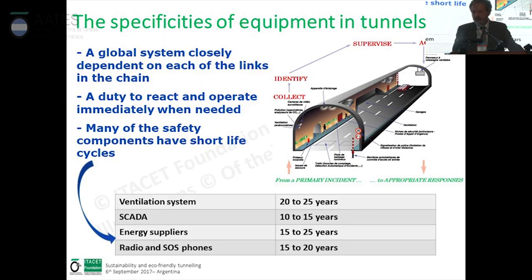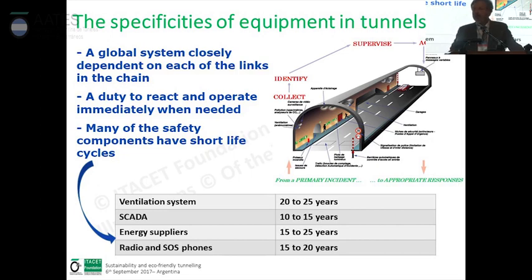And it means a lot of electronic systems in tunnels. These electronic systems collect the data, observe what happens in a tunnel, and identify the event. There are automatic tools to do that, to supervise, and then to act.